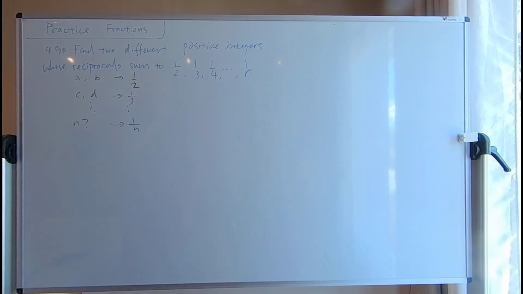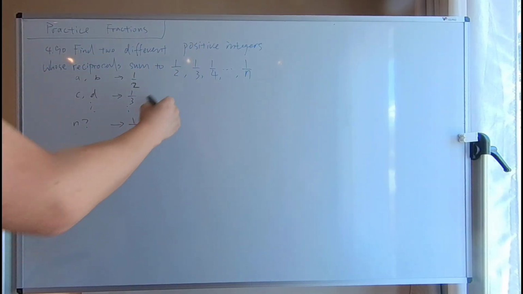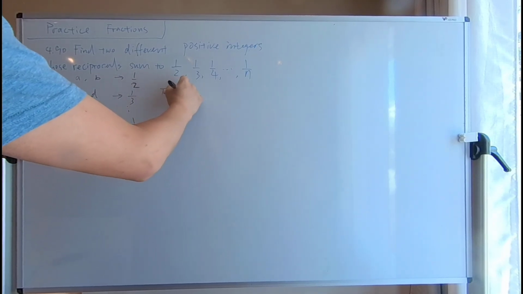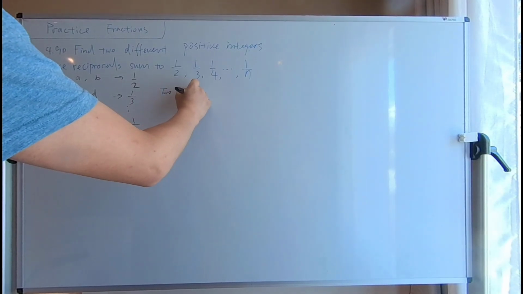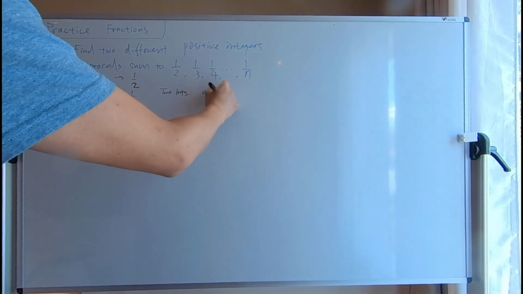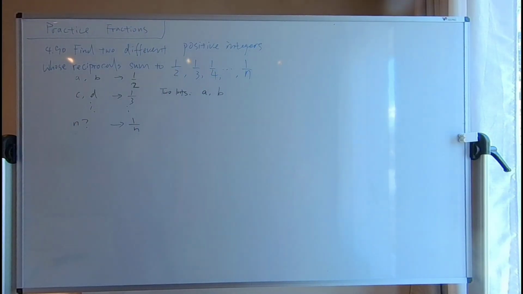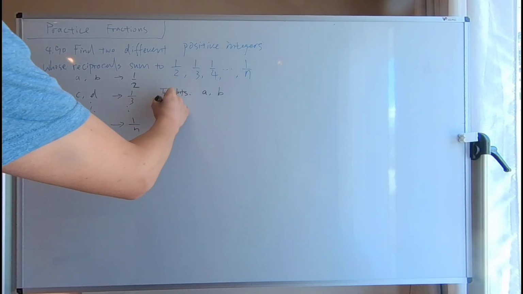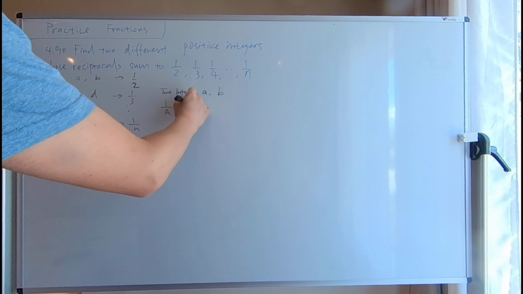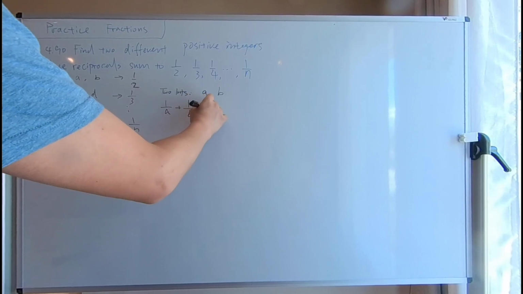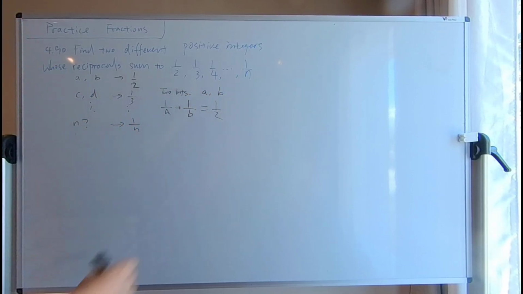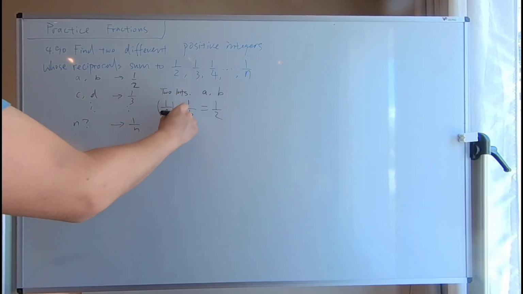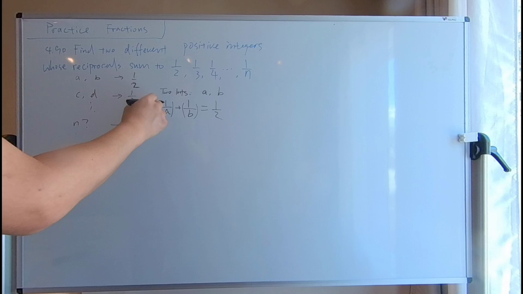Rewrite this question: if I need two positive integers, let's assume the two integers are a and b. The reciprocals summing to 1 over 2 means the reciprocal of a plus the reciprocal of b sums to 1 over 2, right? Because these are reciprocals of integers, there's always a 1 on the numerator.